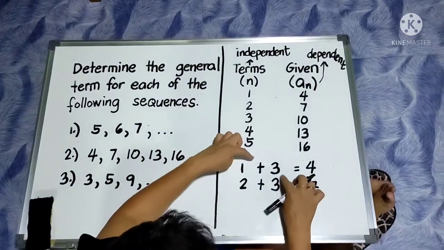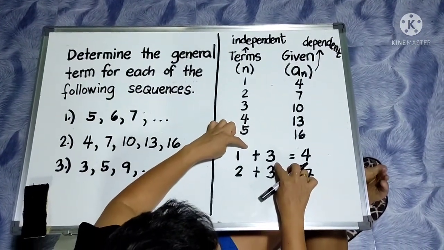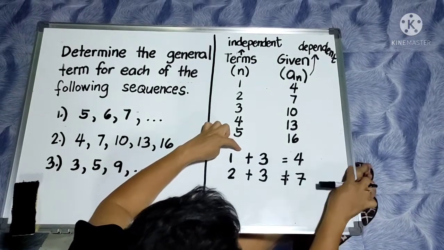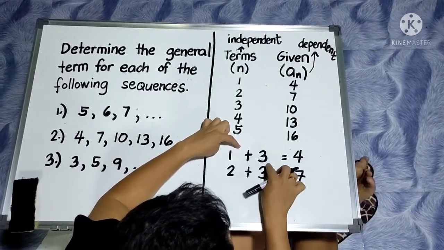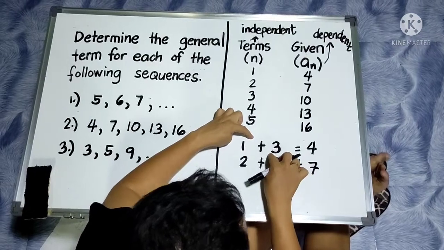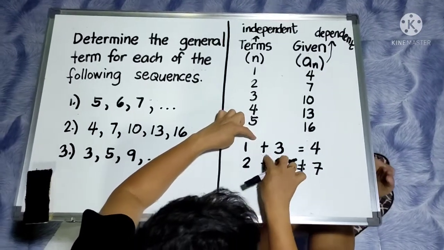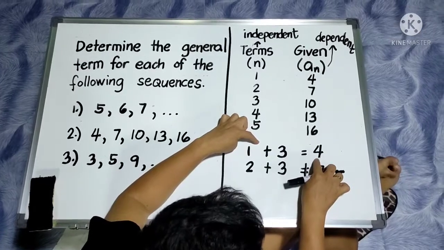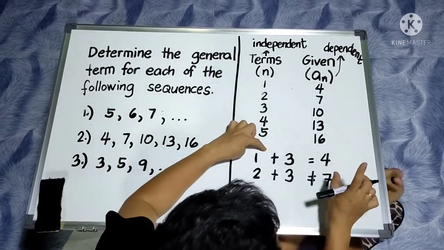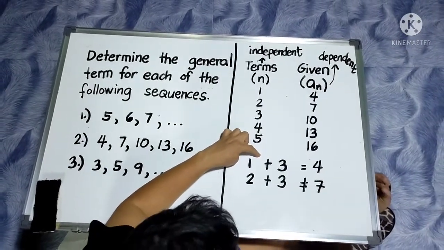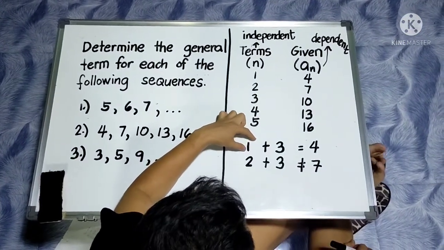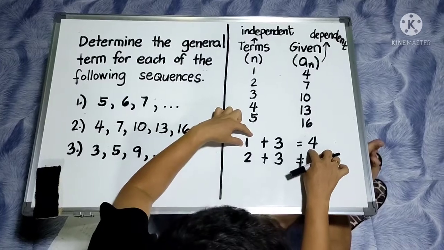But you cannot also have adding 4, because it will exceed. 4 plus 1 is 5. You cannot also add a number less than 3, because 1 plus 2 is 3. You are short by 1. You cannot also proceed to subtraction, because when you subtract a number from 1, it will give you a negative.